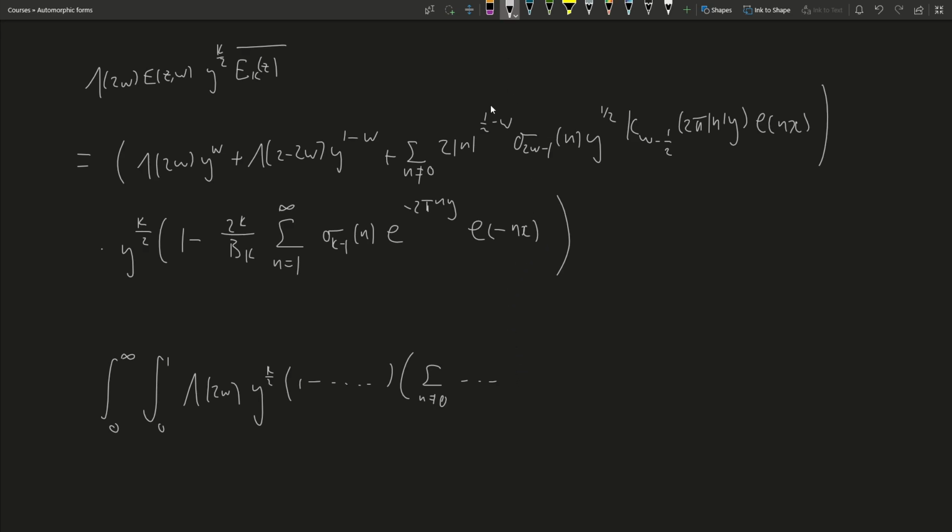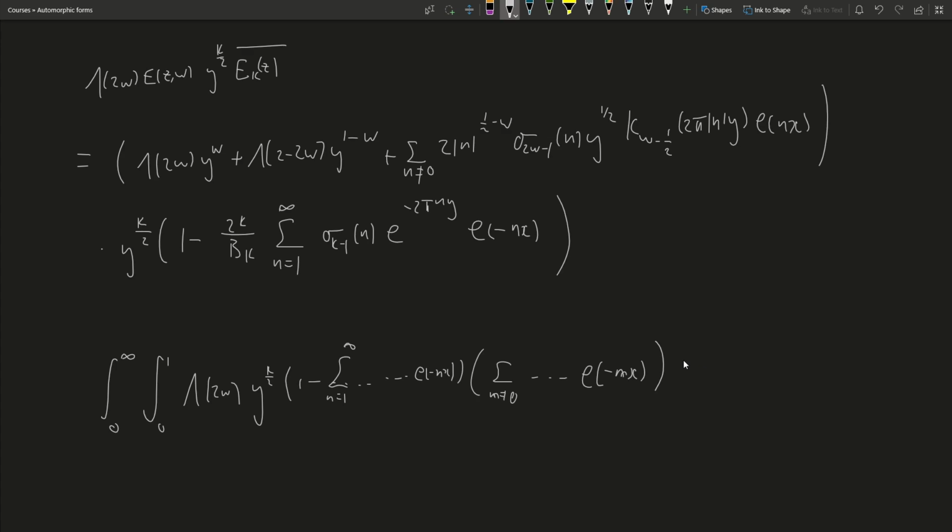Maybe I should be a little bit more specific with the blah, blah, blah. We have this sum n from 1 to infinity, blah, blah, blah, e of minus nx. And here we have this blah, blah, and again an e of minus nx, I guess, because we're taking a complex conjugate, but it doesn't matter because it's symmetric.